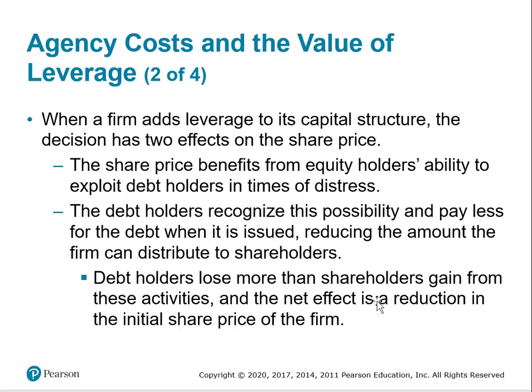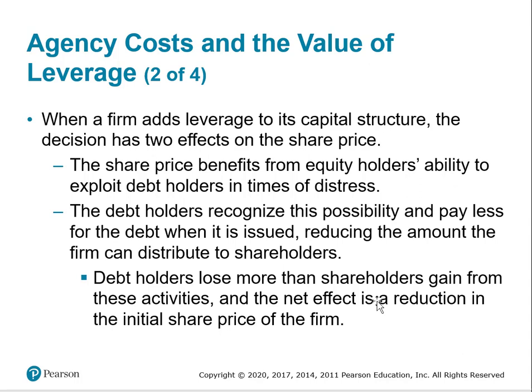So when a company adds leverage to capital structure, the decision has two effects on share price. Share price benefits from equity holders' ability to exploit debt holders. The debt holders recognize this possibility, and they pay less for the debt when it's issued.